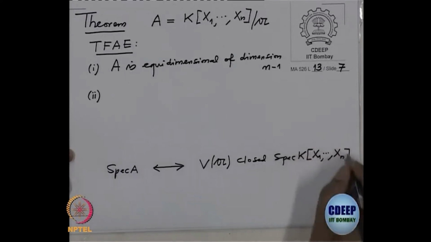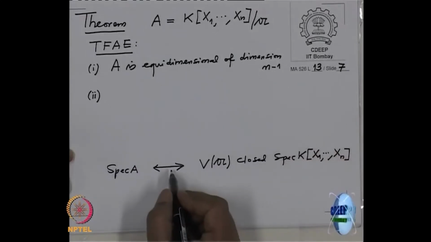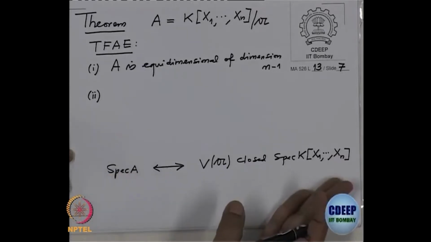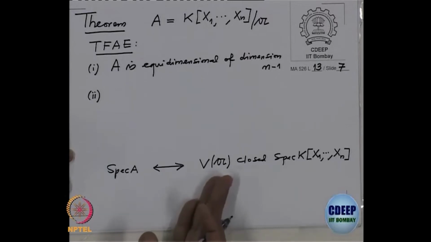This is what I mean by our ambient space, because with this identification we are thinking this is embedded in Spec of K[x1, ..., xn], in fact as a closed subset.